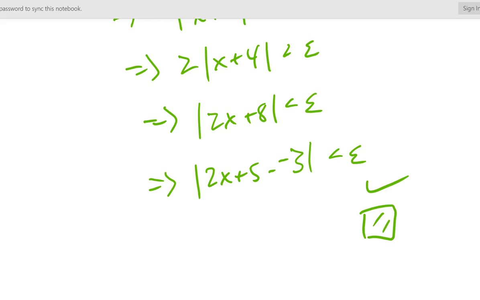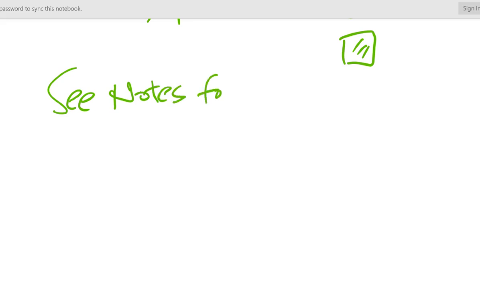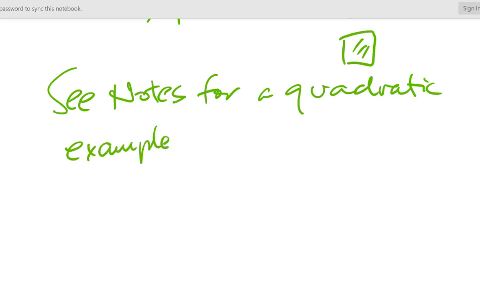That's it. Okay. So what I want you to do is see the notes for a quadratic example, and see the media in the book.